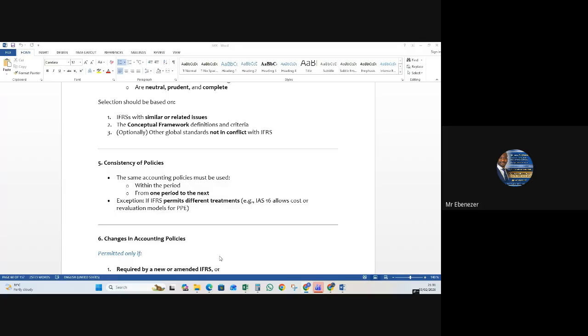The same accounting policy must be used within the same period and from one period to another. All right. Now, the exception is that if IFRS permits a different treatment, then you can apply that different treatment.